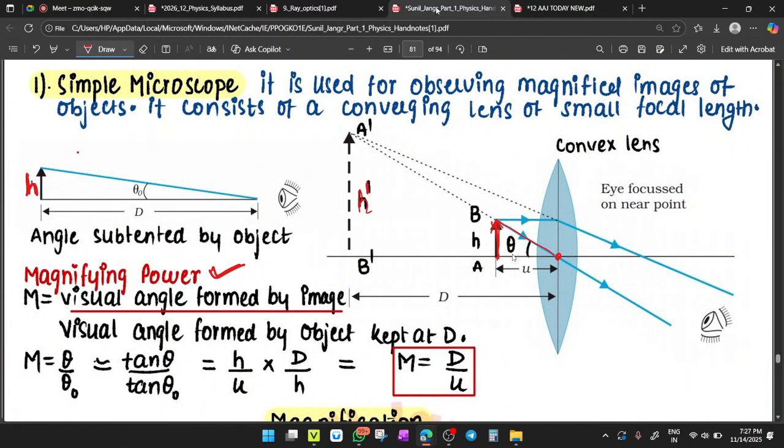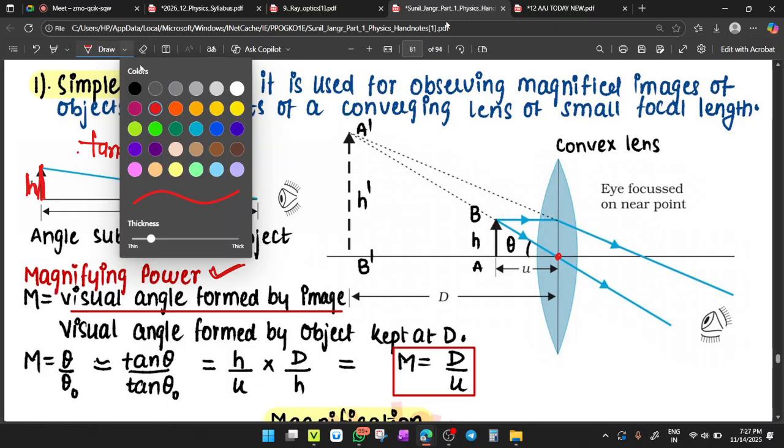Now tan theta equals how much? Tan theta is equal to perpendicular upon base. For theta naught, you can write tan theta naught equal to perpendicular upon base. The perpendicular of the object here is h, and the base is the least distance of distinct vision, so it is h upon d. Clear or not clear? Now come to this diagram. You will have an image h dash of the object h. This one is the object.